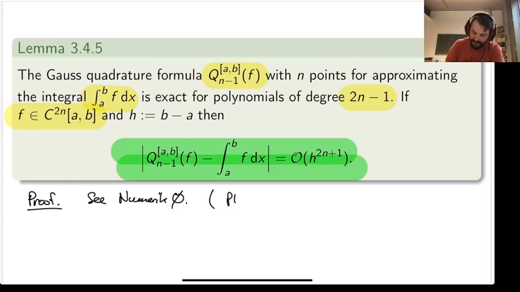And I said already the numbering is a little bit different in Numeric 0, so I'm just going to make that clear.